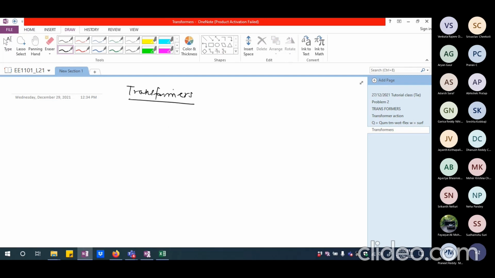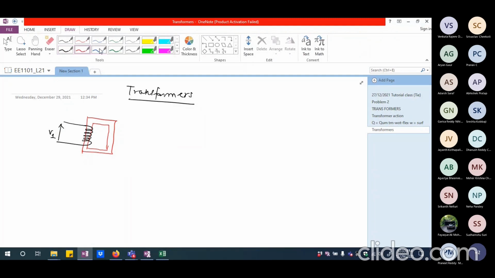If I say that this is the core of the transformer, which I'm just showing as a two-dimensional figure, but it is actually a three-dimensional thing, I'm going to have the primary winding wound like this, which is going to be excited with an AC voltage. So I'm going to apply an AC voltage V1 here.